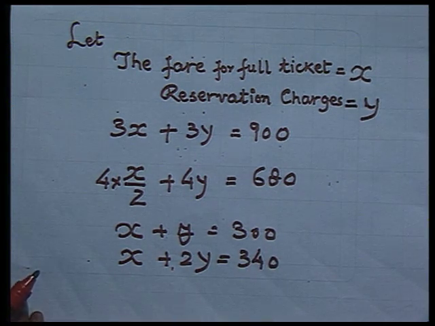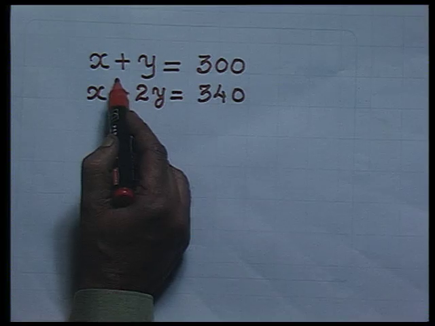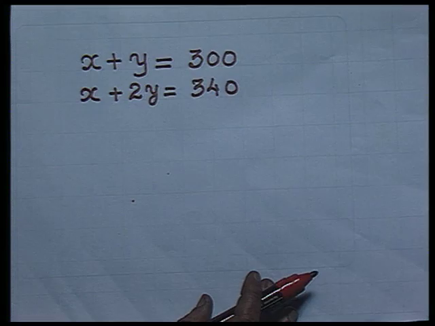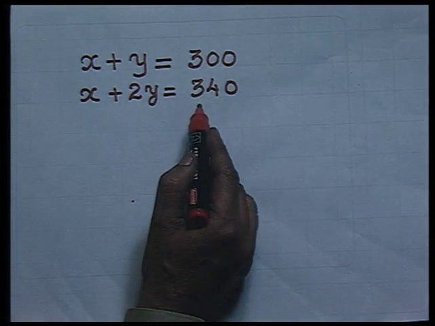So, we got these two equations, and now I need to find out the values of x and y. And how do I go for that? The values of x and y can be found out by solving these two equations simultaneously. See the equations once again. The first equation is x plus y equals 300 and x plus 2y equals 340.